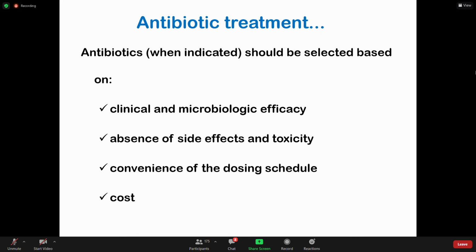And then you have to consider the cost as well. If the patient is not going to be able to afford the entire duration of therapy, then don't start the patient on that particular agent, because you're going to encourage antimicrobial resistance if you start and then you stop before completing the dose.